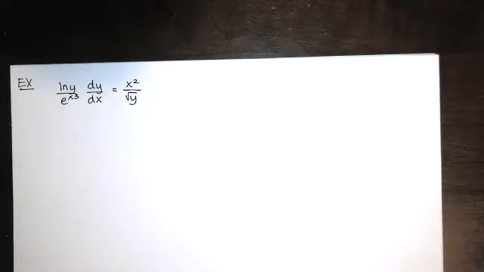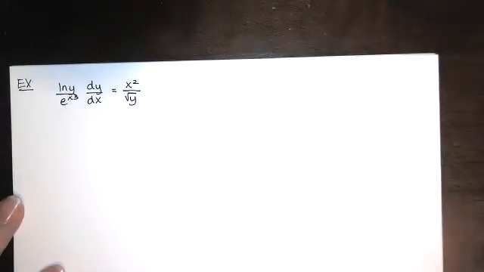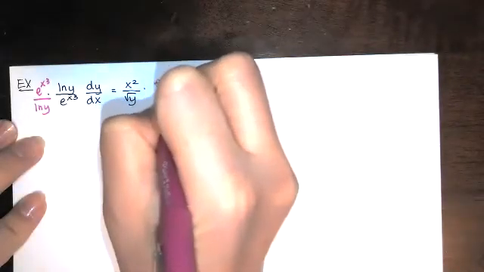Well, one way to test it is to multiply by the reciprocal of this, and then see if we can factor it as a function of x times a function of y. So I will get that dy dx by itself.